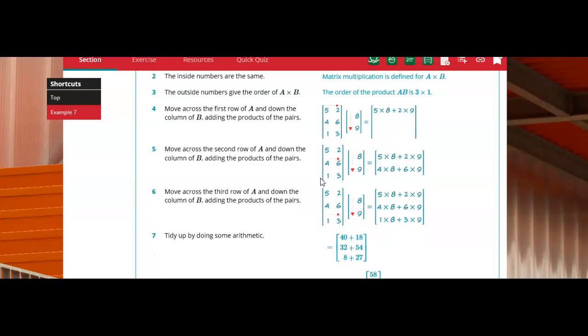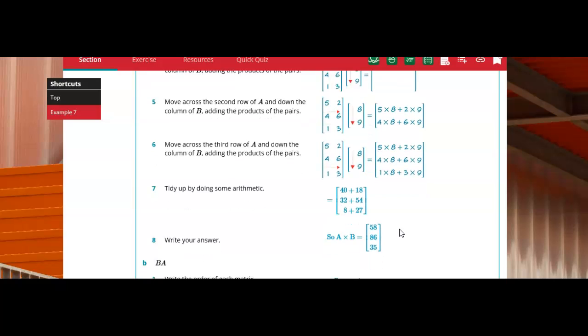And lastly, 1 times 8, 3 times 9. Each row we go across, down, across, down, and you can see the working out on the right hand side of that equal sign. When you have the order of your answer matrix, remember we said it was a 3 times 1, so there it is.